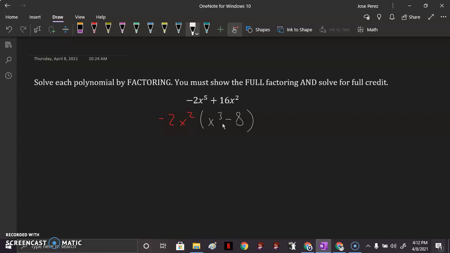And what can we do with this x cubed minus 8? Well, you probably have heard of the sum of perfect cubes. So that's what we're going to do. We can turn this into something else.